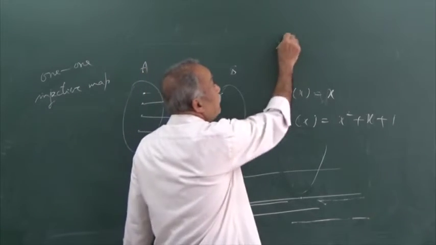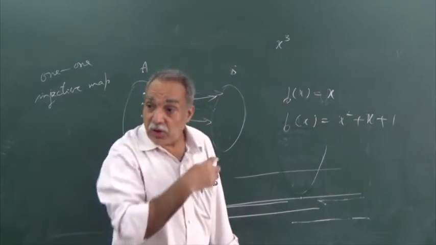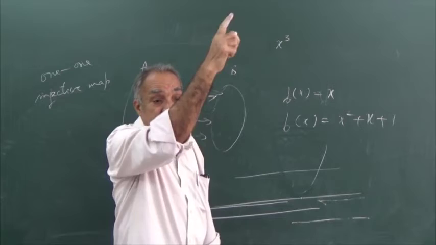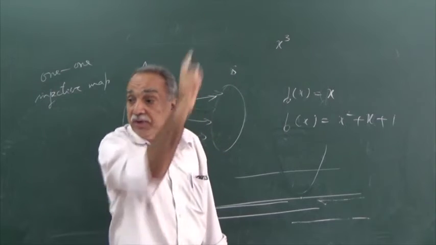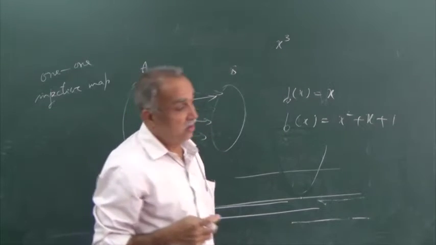What about x cube? 1-1. By drawing the graph, you can see it is monotone increasing. From minus infinity to infinity, it goes on increasing.